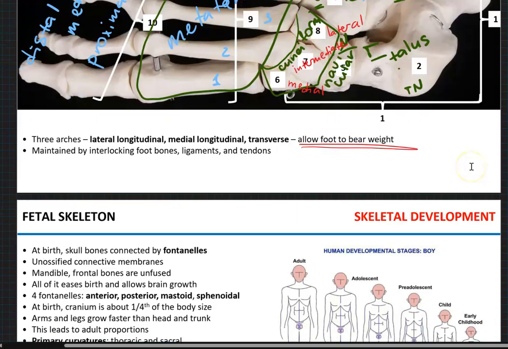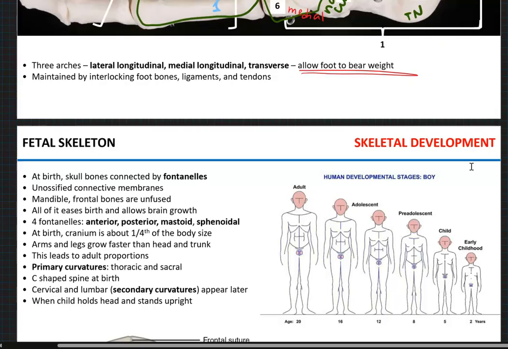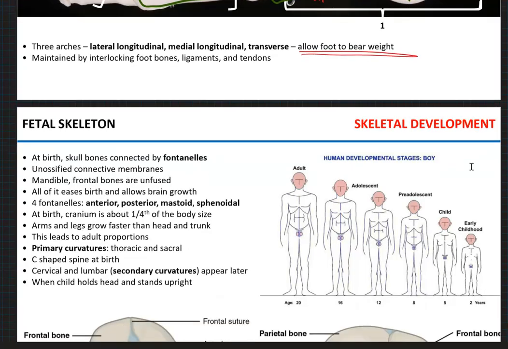I use insoles. Otherwise, it kills me. And interestingly enough, it's genetic. My mom, my brother, me, all flat-footed. Okay?